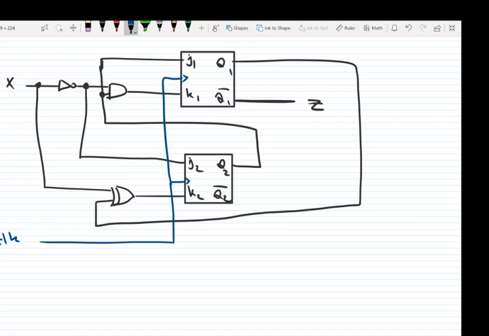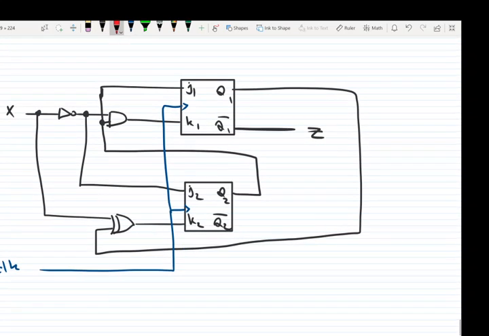Okay, as usual, we know what we need to do. We need to define and label the outputs. So outputs are y1, y1 bar, and y2.